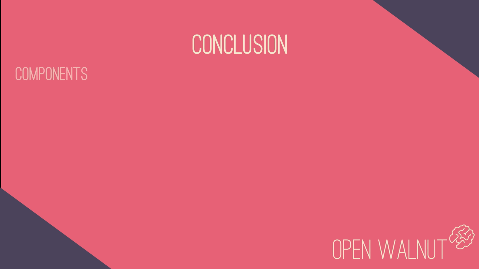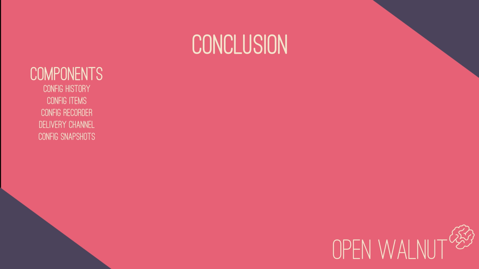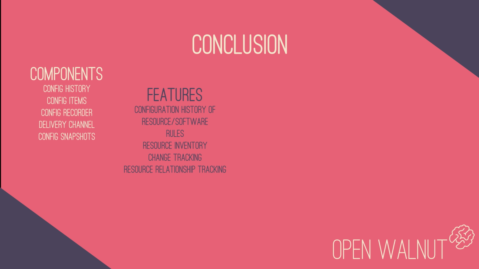In conclusion, throughout this video we've covered how to use Terraform to deploy AWS config. We went over how config works and discussed various components such as config history, config items, recorder, delivery channel, and finally config snapshots. Also, config's features were discussed, for instance, configuration history of resources and software, rules, resource inventory, change tracking, and resource relationship tracking.